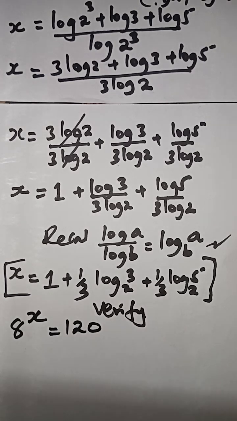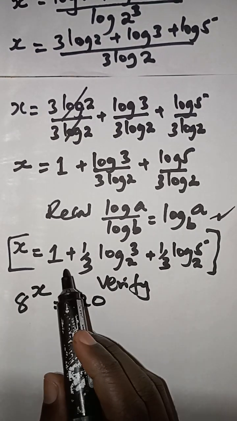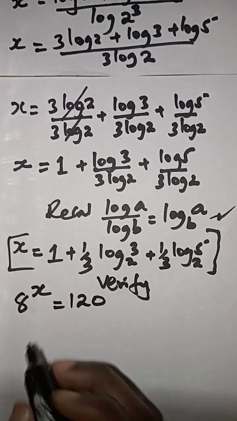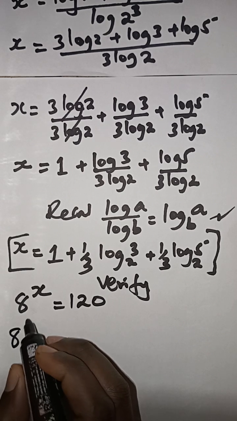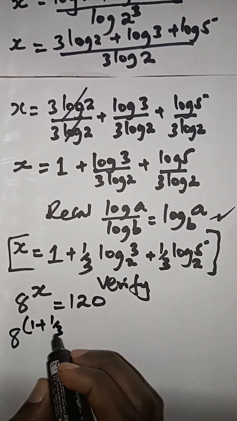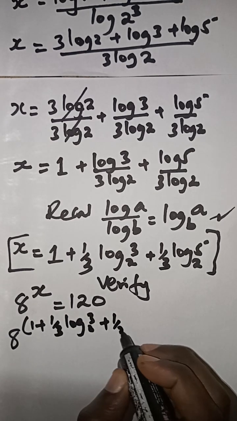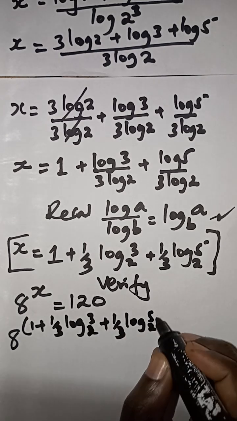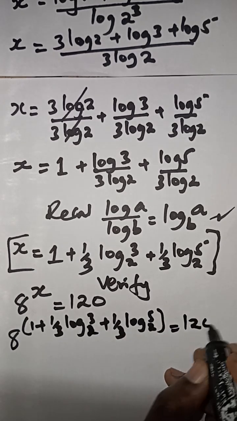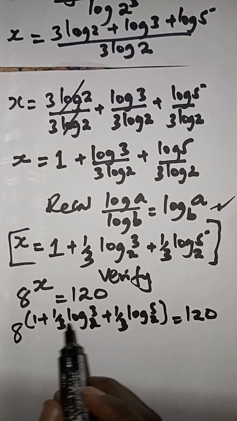So we had 8 raised to the power x is equal to 120, meaning wherever I have x, I'm going to substitute all of this, so that I prove if the value of x is actually that, plus a third of log of 5 base 2. I want to see if it's going to give us 120. So at this stage, the powers are being added.